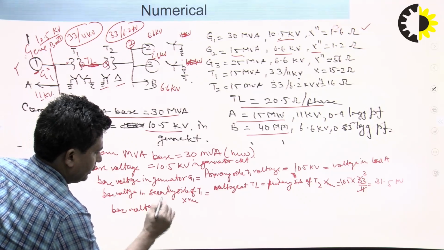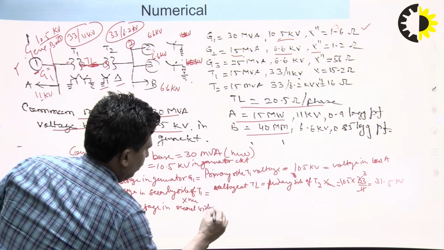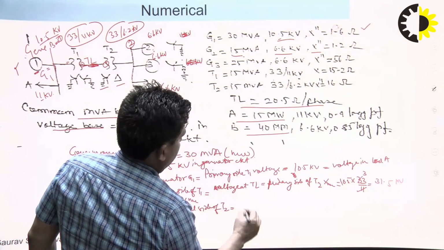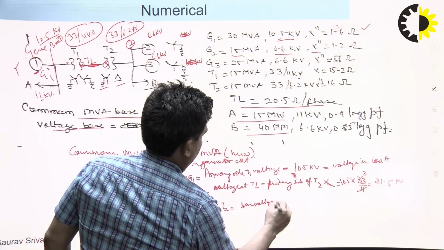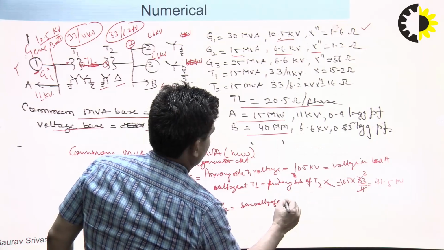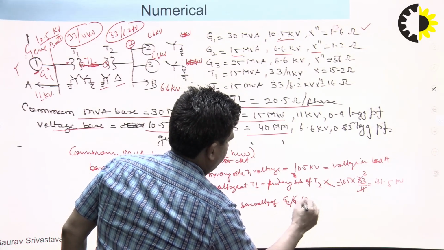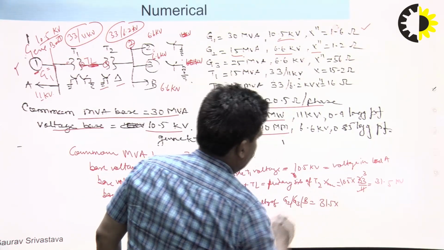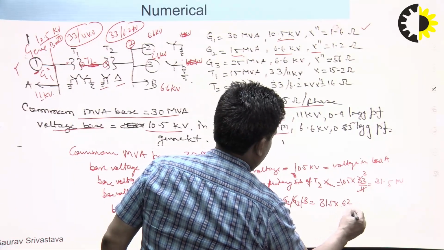And now we again find the base voltage on the secondary side of T2, which is equivalent to the base voltage of G2, G3 and load B. Here 31.5 kV was the voltage, and then the transformation ratio applied is 6.2 divided by 33.